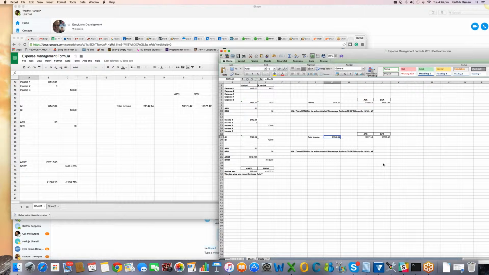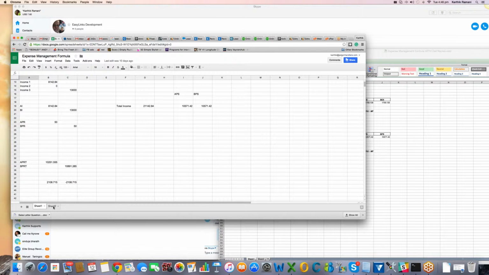The only discrepancy should be in the APRT and BPRT, I think, in yours. Because in yours, I think the formula basically added back the expenses. In other words, it was a plus. If you look at the cell, you'll see it's a plus J7 or something like that in one of them.